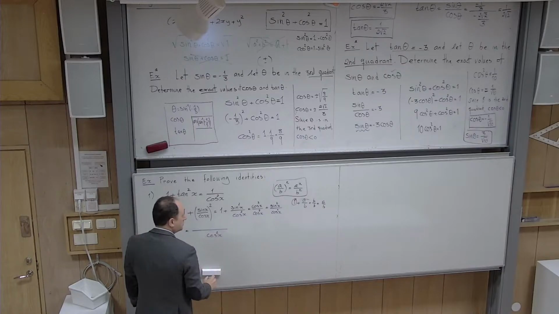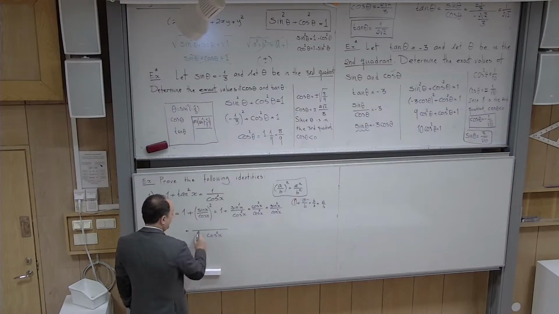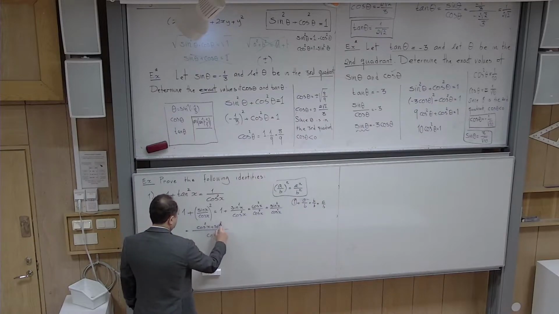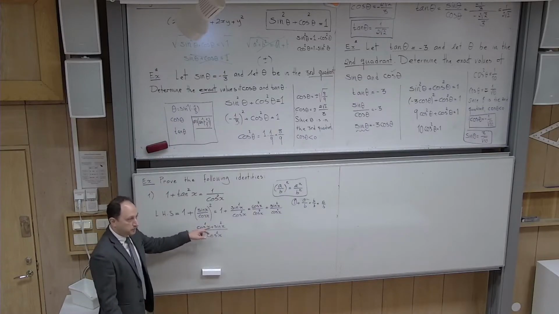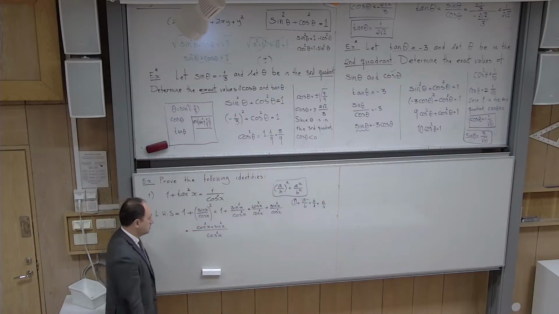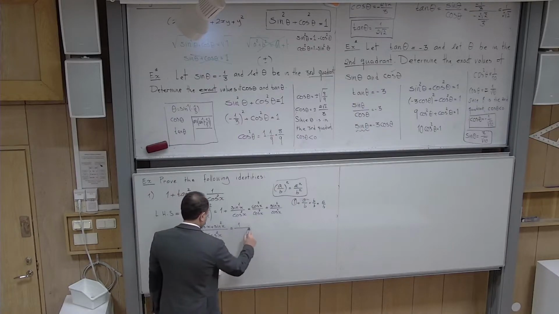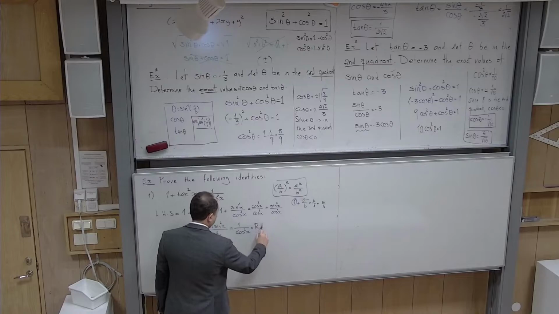The rule is to add the numerators now. So this becomes cosine squared x plus sine squared x. But then suddenly this famous combination appears, so that is exactly 1. This becomes 1 over cosine squared x, and that is the right hand side.